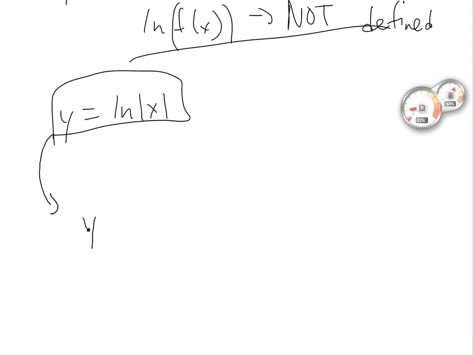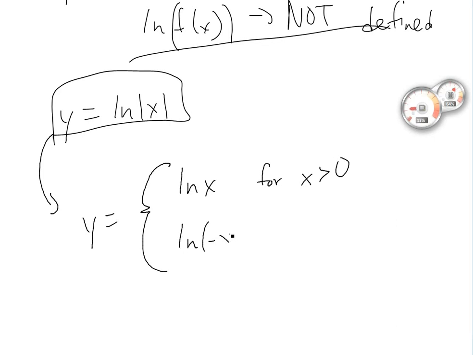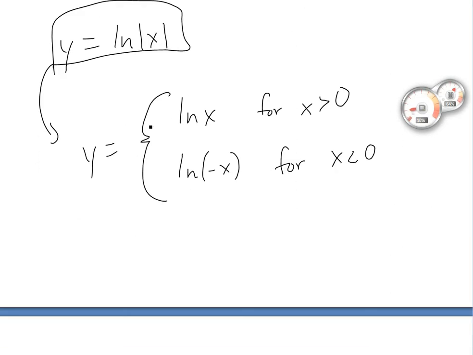So y is equal to ln x for x greater than 0, and it's equal to ln of negative x for x less than 0. For negative x, a negative times a negative is positive, so it's always going to be the absolute value.